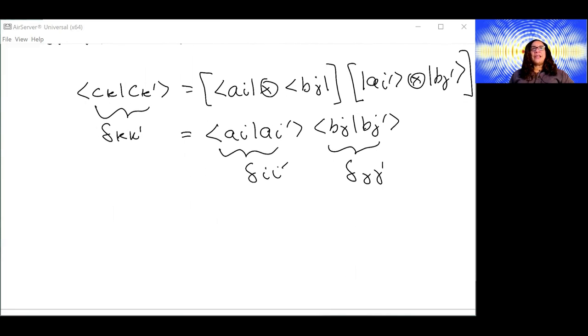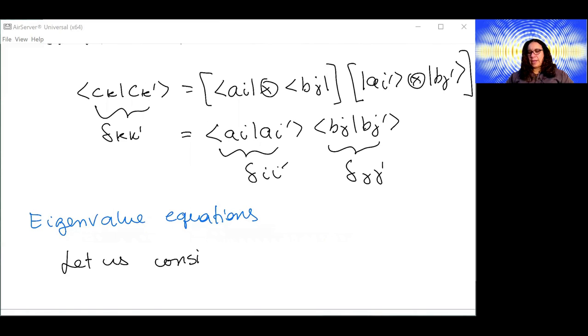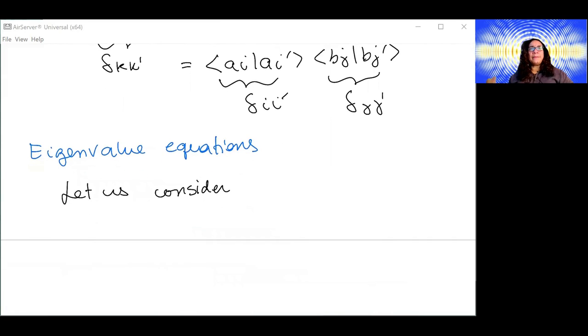Now, how about eigenvalue equations? Well, in this case, let us consider an operator O, which is arbitrary. And this operator OA is going to act upon AI and is going to give you a eigenvalue times AI. So this is an eigenvalue equation.